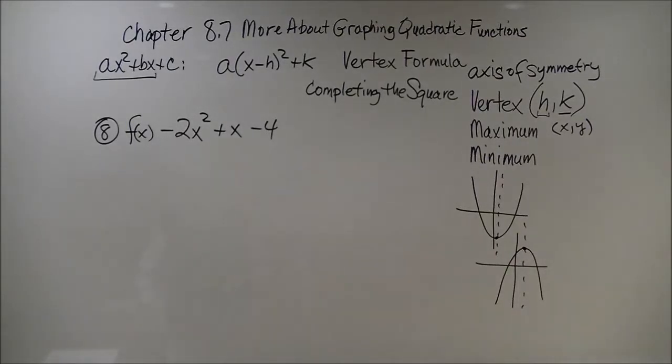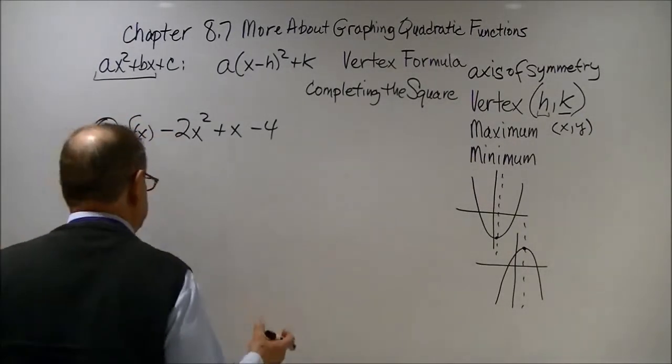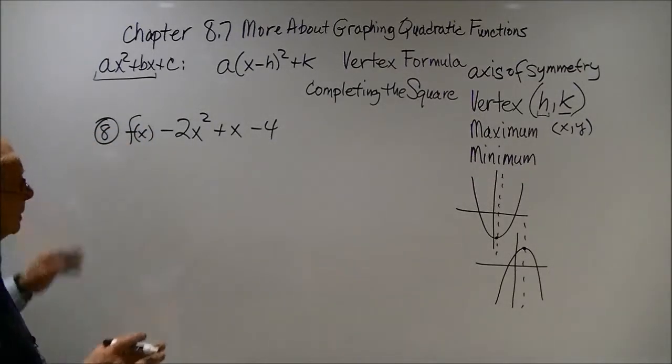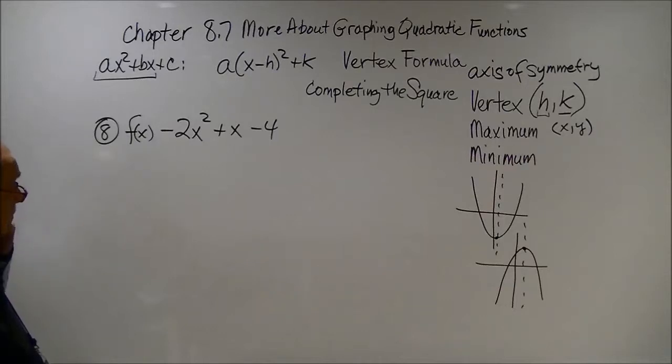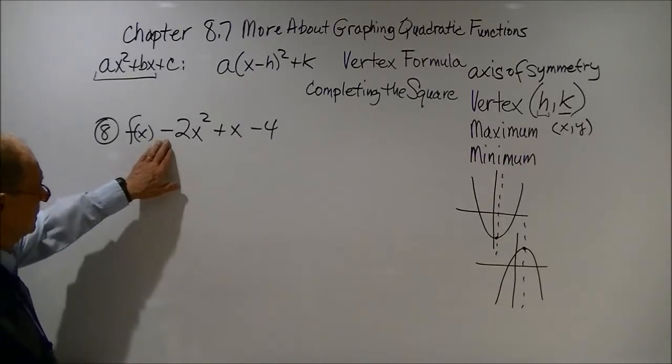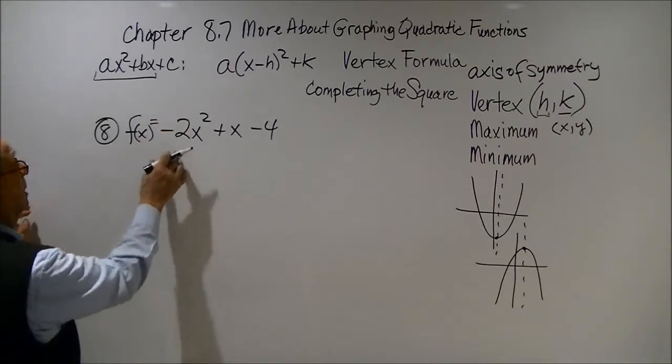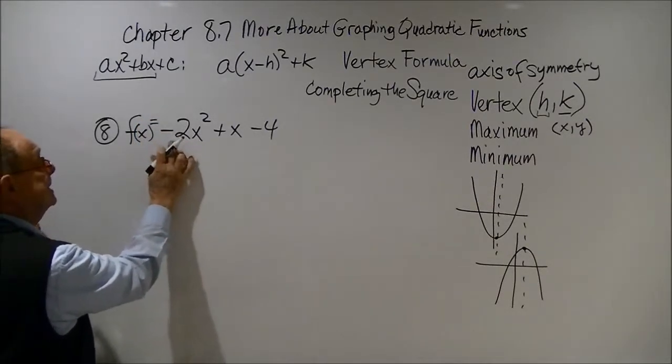Now I'm skipping one, but they're done in a similar fashion. I'm not going to do them all, it would be too long a tape. But this one's a little different because now my first term here is negative.